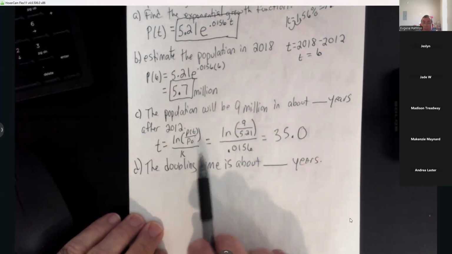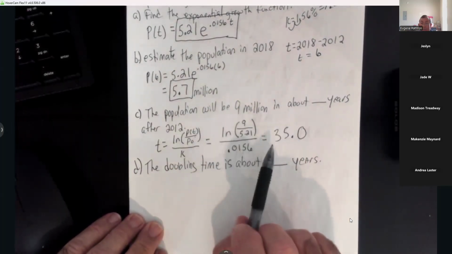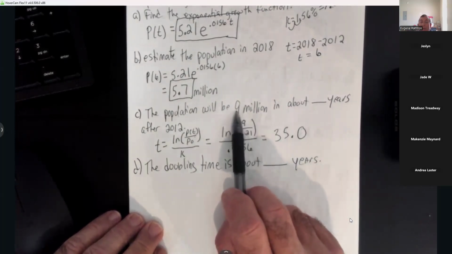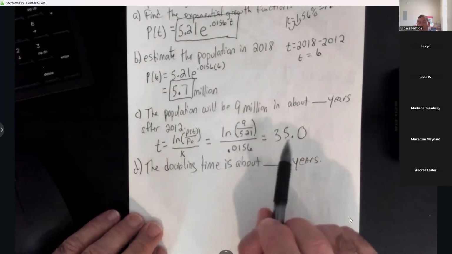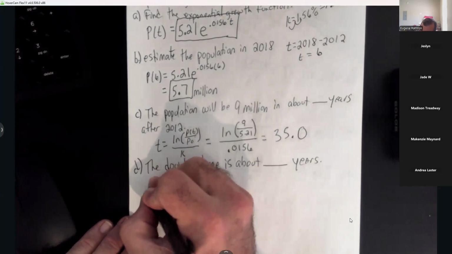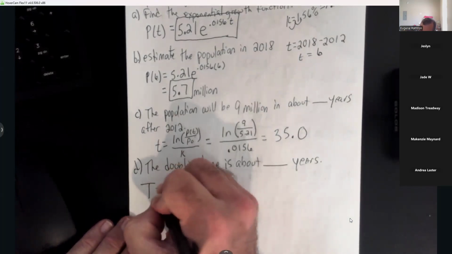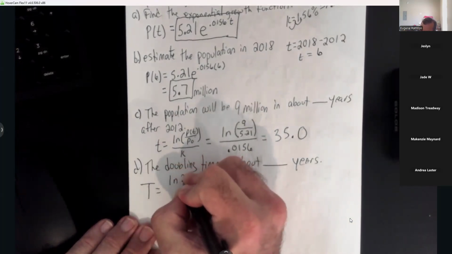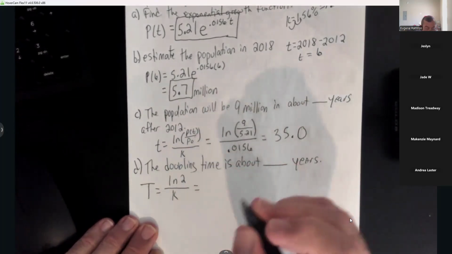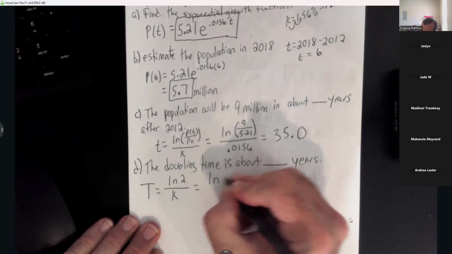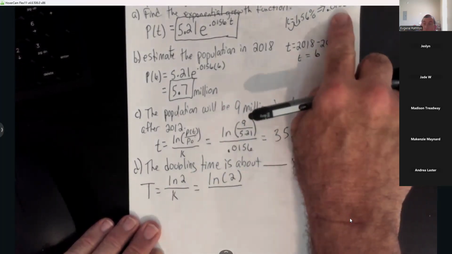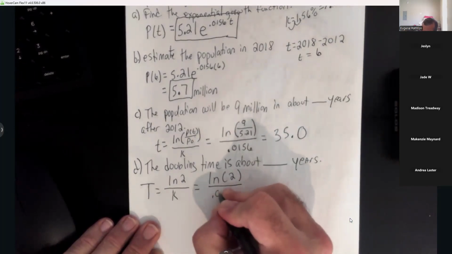Now I know to get to 9 million, it took 35 years. And we're even bigger than that to double that. So we better get something bigger than 35 years. So remember, that formula is T equals the ln of 2 divided by k. So that's going to be ln of 2 divided by k, which was 0.0156.